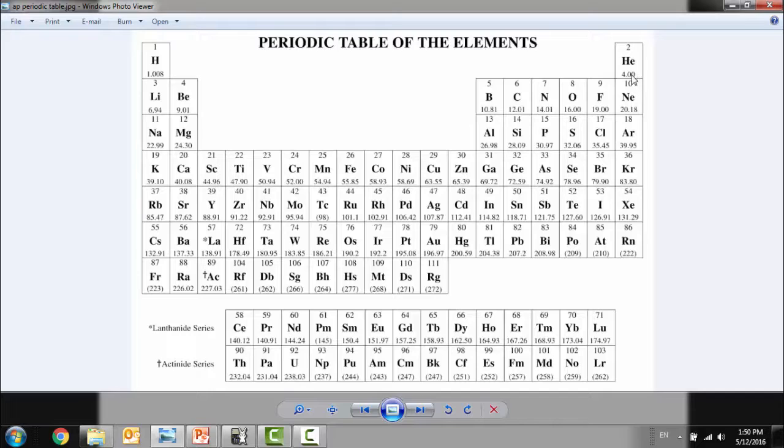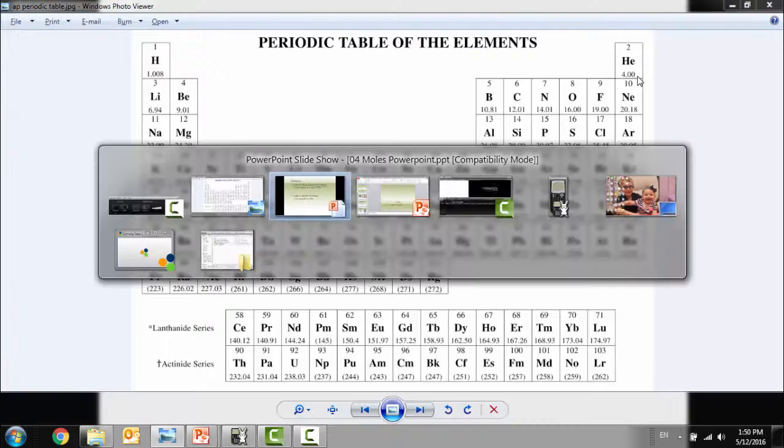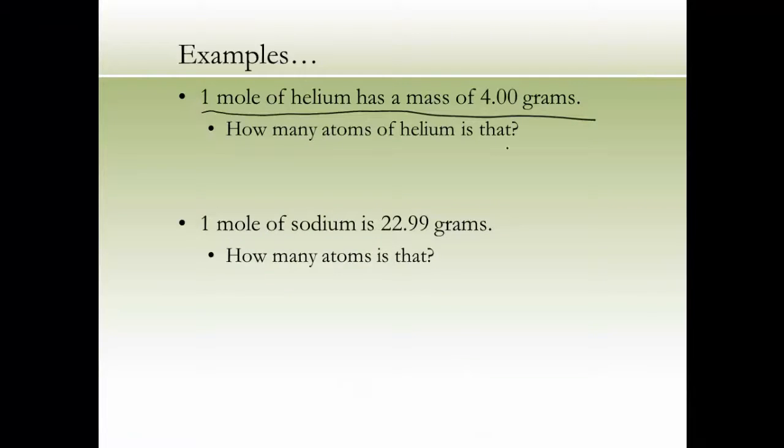So if you have 1 mole of helium, it's 4 grams. How many atoms is that? Because it was 1 mole, it is 6.02 times 10 to the 23rd atoms. That's always the answer if you have 1 mole of something.